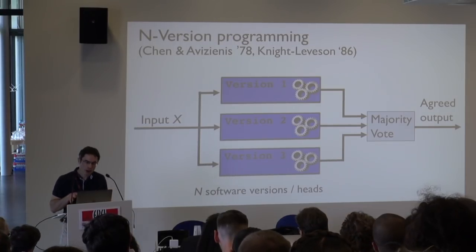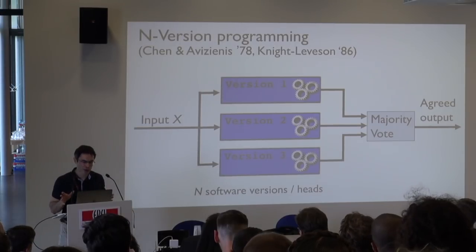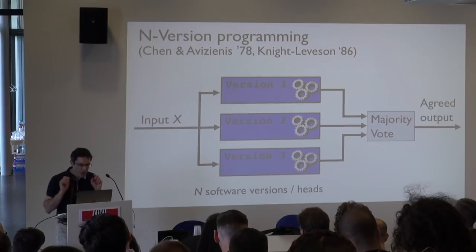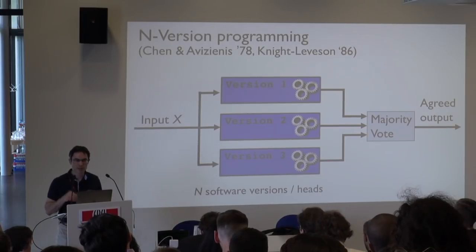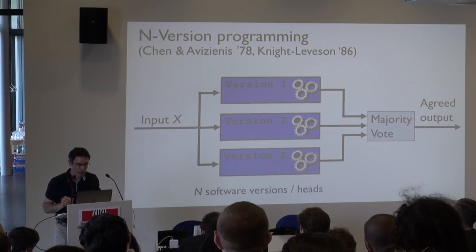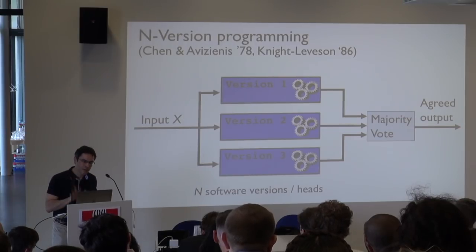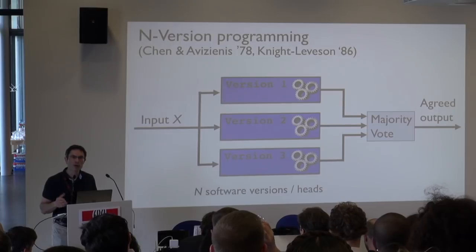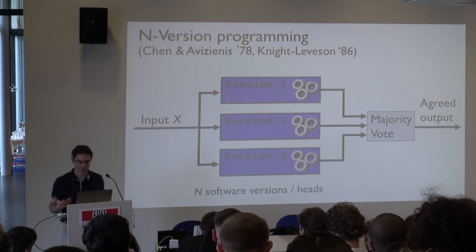And what you do is you execute these different versions of the program, which I'll also refer to as heads. You execute these different versions or heads in parallel. When they're given an input X, you take a majority vote over the outputs produced by the different versions.